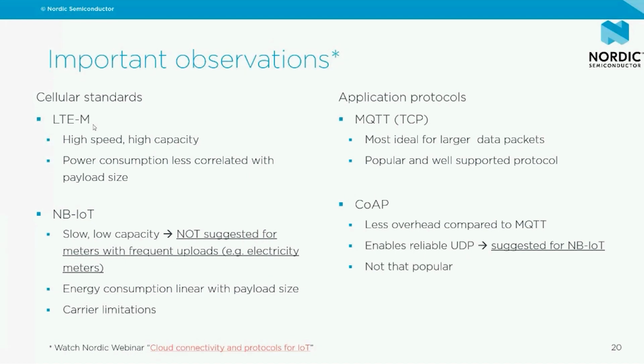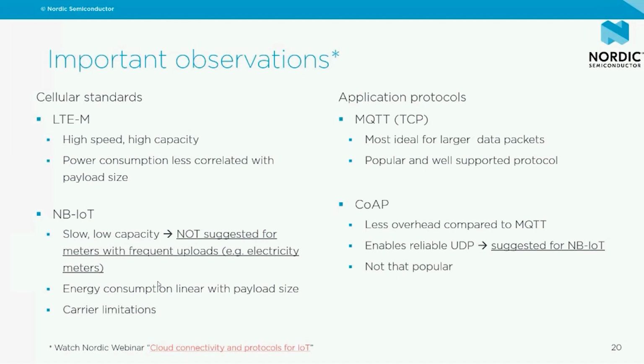With Narrowband IoT, on the other side, energy consumption tends to be fairly linear with the payload size, because the protocols are simpler. But you also reach a point where, when your payload size increases above a certain point, it can be more beneficial to utilize LTE-M1 because it's more efficient.